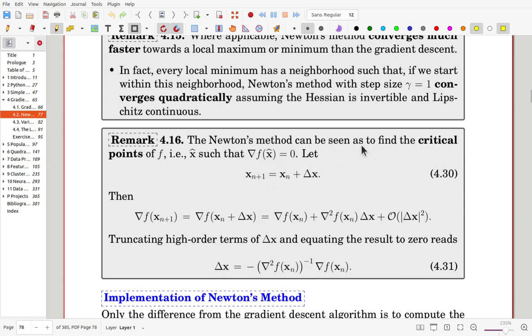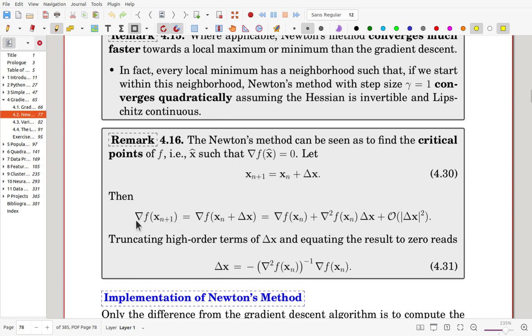Newton's method can be seen as a way to find the critical point. That means we try to find x hat such that the gradient of f at x hat equals 0. Okay, let's see the detail. Now xn plus 1 is xn plus delta x, and the gradient of f at xn plus 1 is the same as this one, and now we make a Taylor expansion of the first order.